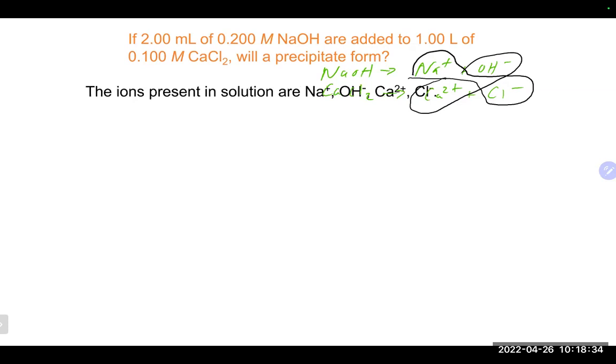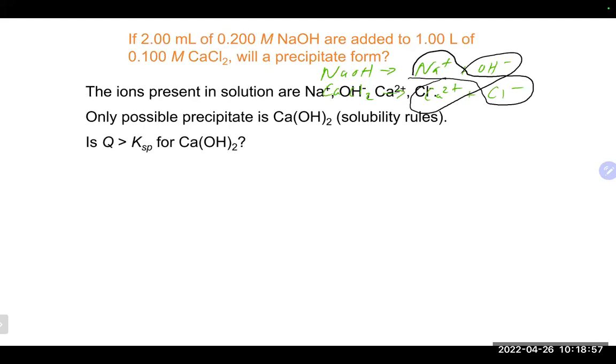The answer for sodium chloride should be no solid forms there, as sodium is soluble in everything. So the other option would be the calcium and the hydroxide coming together, and that would be really your only possibility in terms of a solid being formed here. Any questions on that part there?